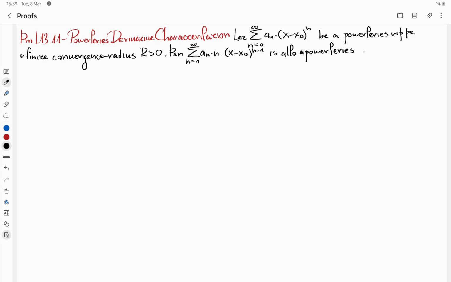But with a common center and convergence radius in common with the original series, so with the original power series.